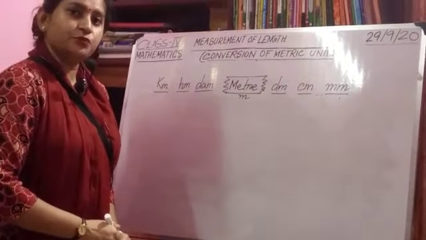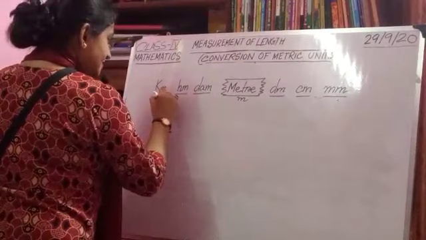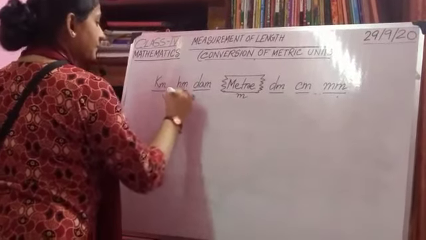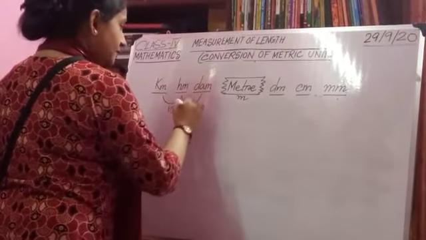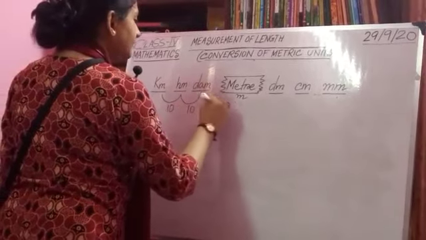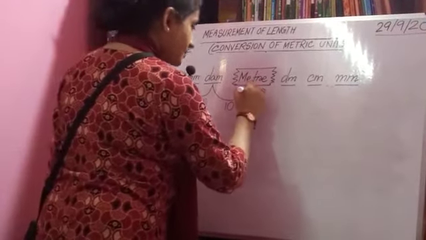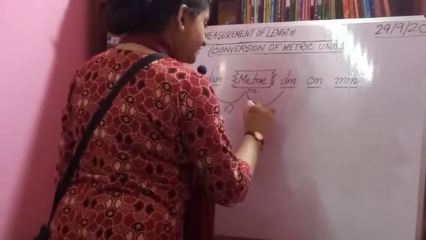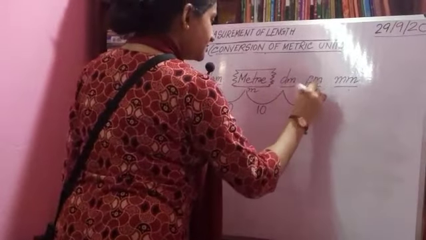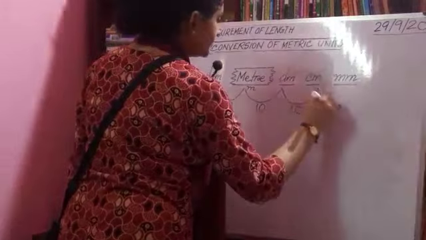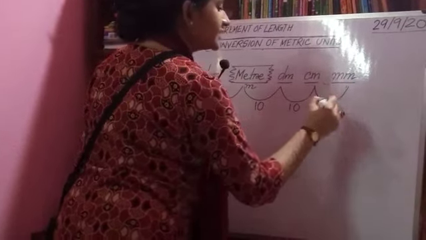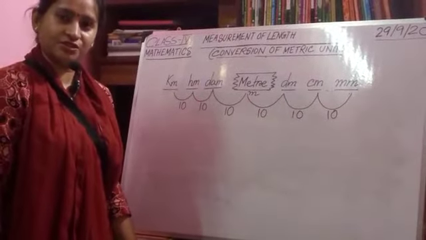The gap between each unit is 10. Hectometer to decameter, 10. Then decameter to meter, 10. Meter to decimeter, 10. Decimeter to centimeter, 10. Centimeter to millimeter, again 10. Right children?